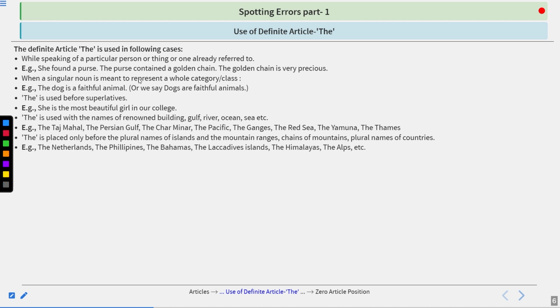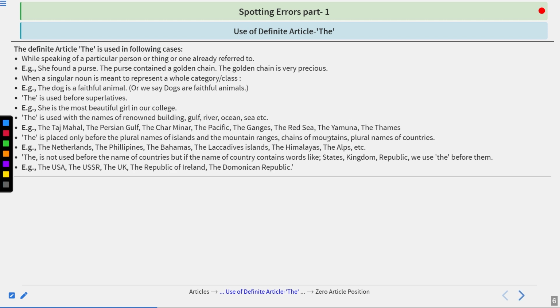Example: the Netherlands, the Philippines, the Bahamas, the Maldives Islands, the Himalayas, and the Alps, etc. The is not used before the names of countries, but if the name of a country contains a word like states, kingdom, or republic, we use the before them. Example: the USA, the USSR, the UK, the Republic of Ireland, the Dominican Republic.